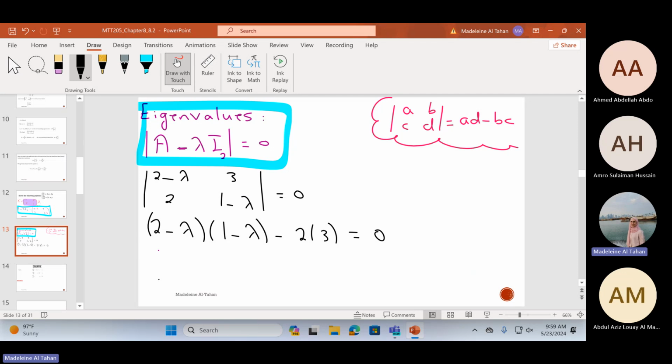2 times 1 minus 2 times lambda minus lambda times 1 plus lambda square, and here minus this equal to 0. Now write it as a polynomial. This one will be the characteristic equation, right? It has lambda square, lambda, and constant quantity.